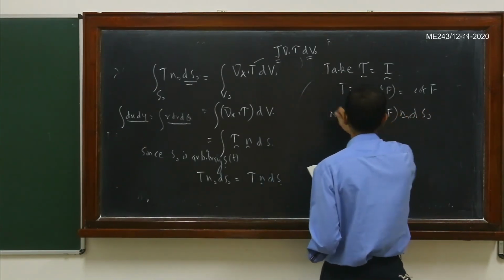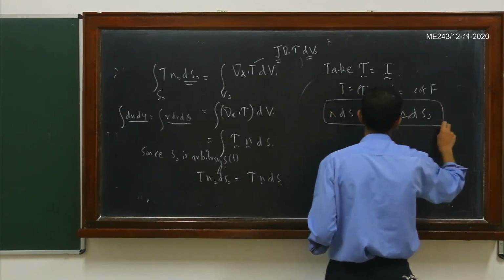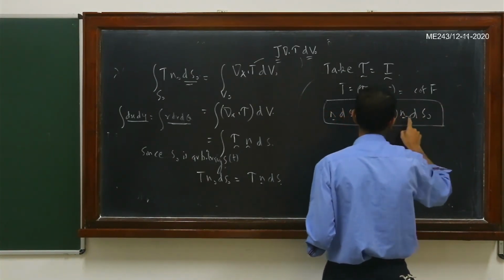Okay, so this is the relation that you get between n dS and n0 dS0.